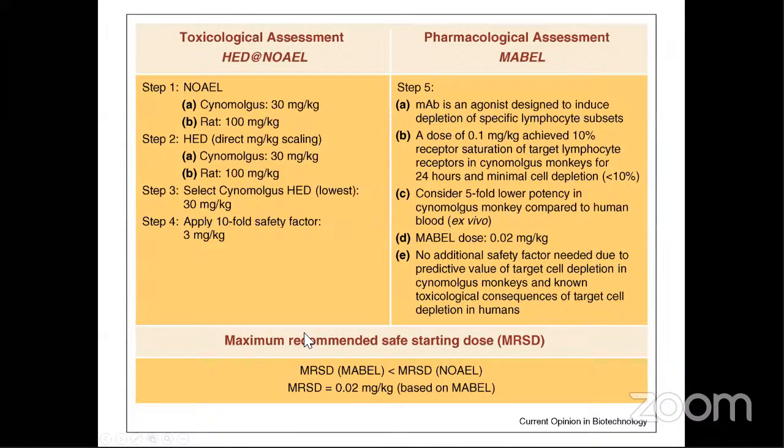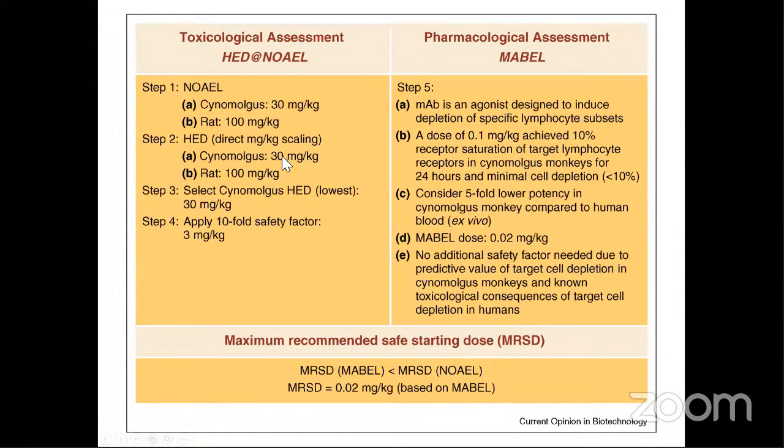Going back to the slide which I presented, and this is coming from the publication, I'm giving you an example. If you identify a NOEL in monkey and rat, which is 30 milligram per kg and 100 milligram per kg, then because you can convert to milligram per kg, it's basically the same dose: 30 milligram per kg and 100 milligram per kg.